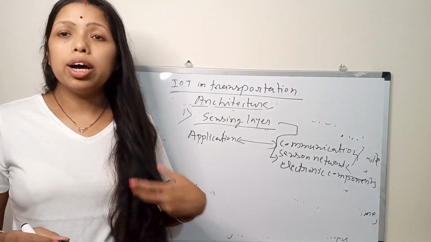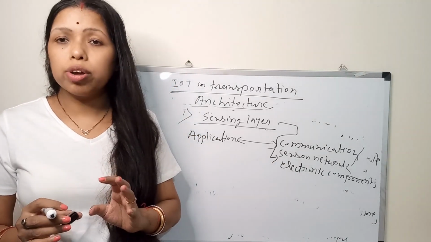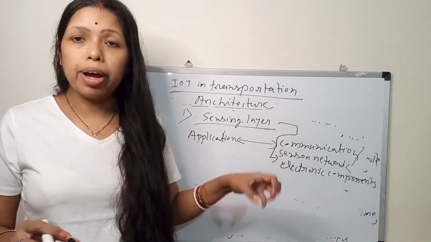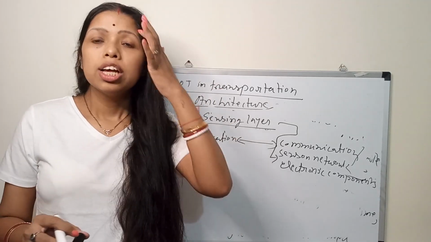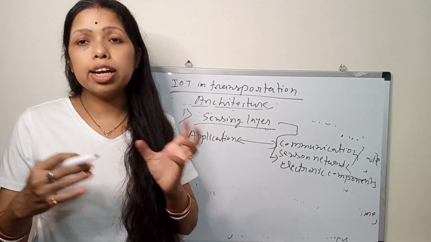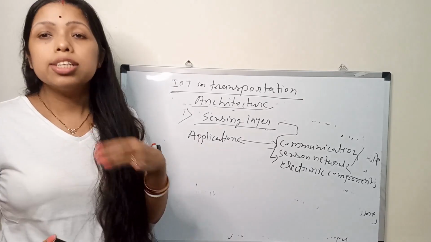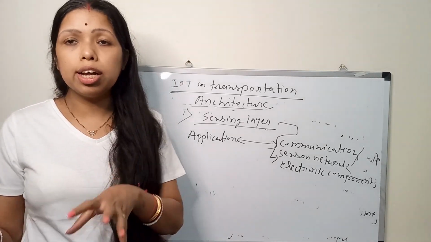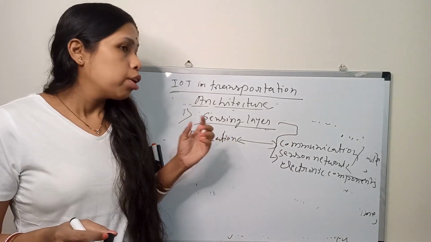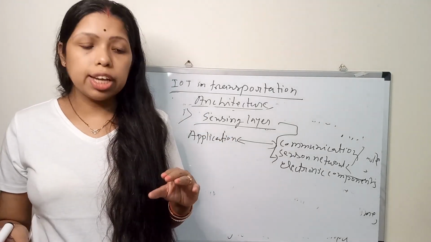Whatever activity or task is required, these tasks should be detected by the sensing layer. Something is detected from the application layer, and this detected data will be transferred into the sensor network, which is a hub of the communication protocol.